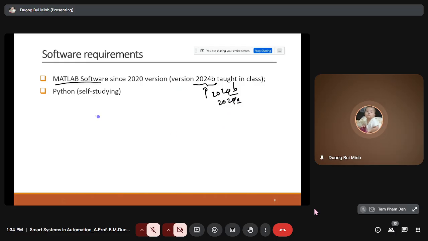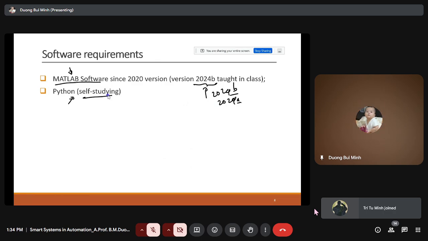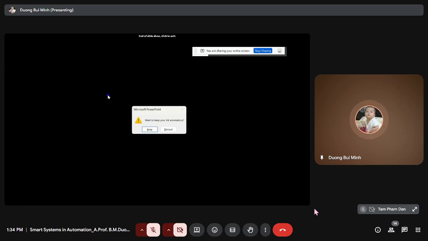If you don't like MATLAB, you can use Python, but for self-study. I will not teach you how to use Python. Of course I will teach you how to use MATLAB code, but for Python you study for yourself, because for machine learning you already learned Python.